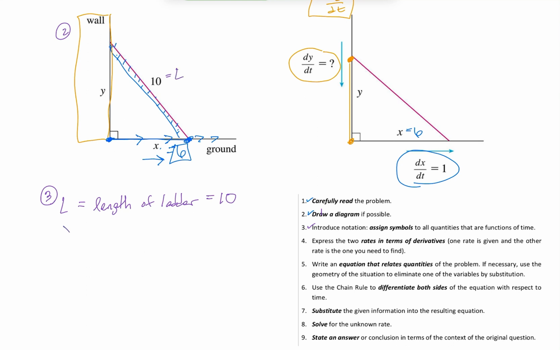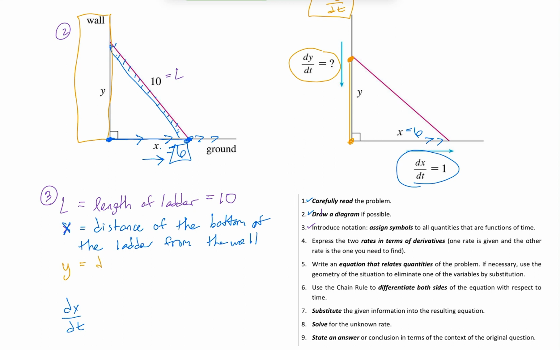And let X be the distance of the bottom of the ladder from the wall. So as it's sliding, we'll have a dx dt, measuring that speed as X is getting bigger and bigger. And then we have Y.